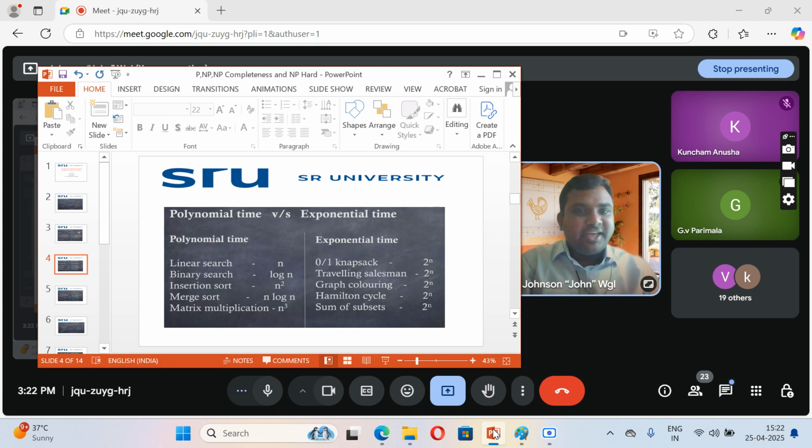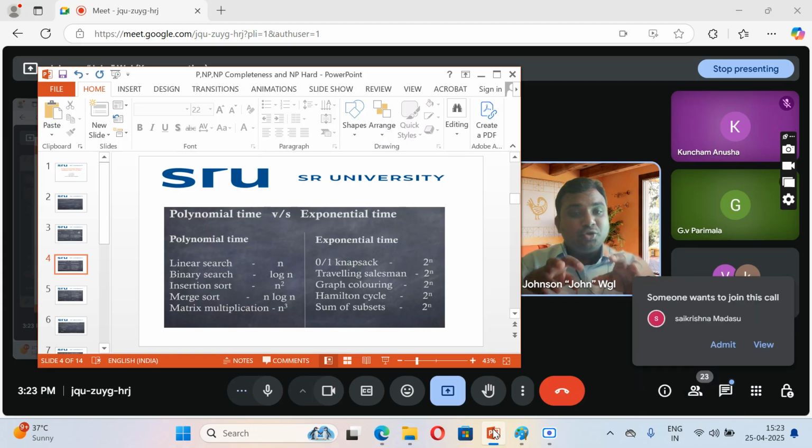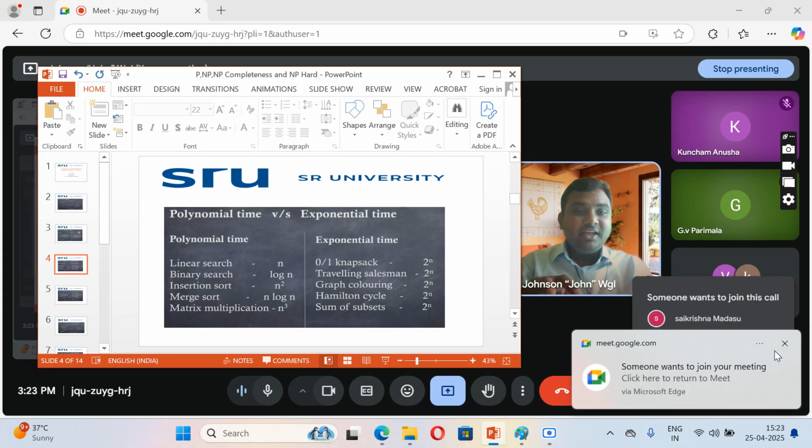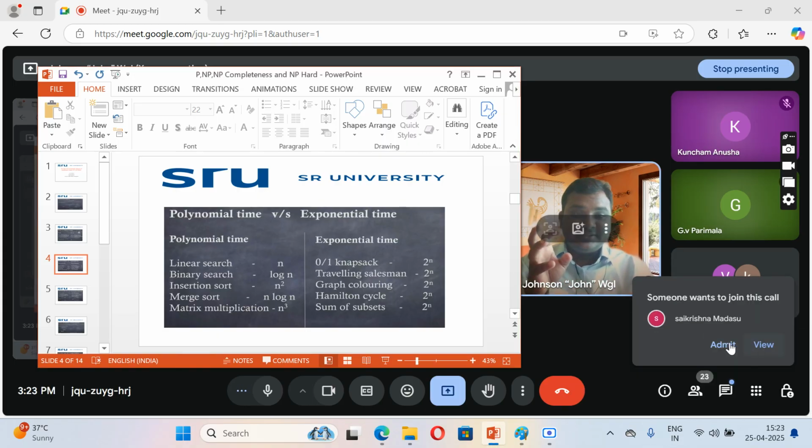Then what is the exponential time? Exponential time means 2 to the power of n, 3 to the power of n, like that. 0/1 knapsack problem. What is a 0/1 knapsack problem? We have one bag. In that bag, we need to fill the weights. How many weights we are filling? Until the bag capacity is reached, then we can fill the weights, yes or no?